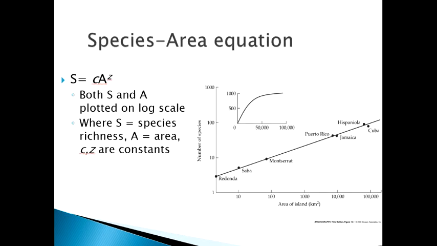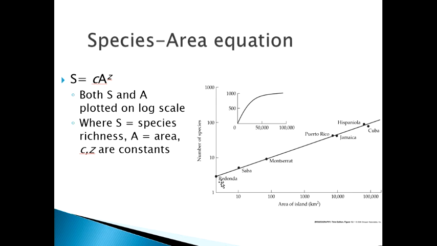There is the species area equation that relates these two things, and the two constants you see here, C and Z. C is going to be the intercept on the y-axis, and Z is going to be the slope of this line. S and A are what you already know: S is the species richness, the counting of species, and A is the geographic area of the islands.